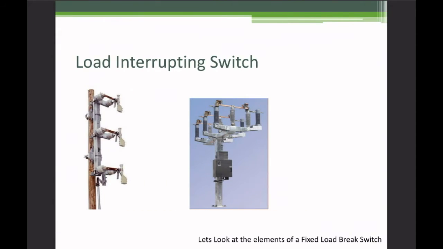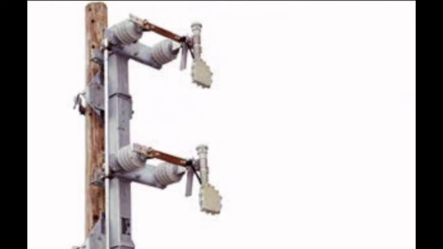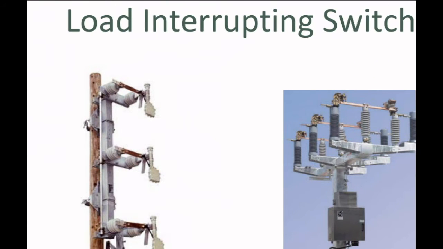But here's an example of an air brake load interrupting switch. If we take a look at the vertical configured one, we've got our main switch and we've got this module here, which is an arc snuffing module.